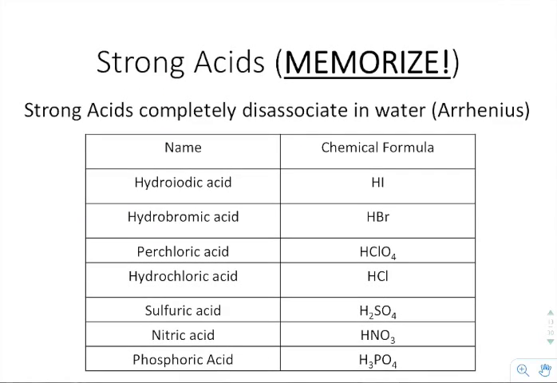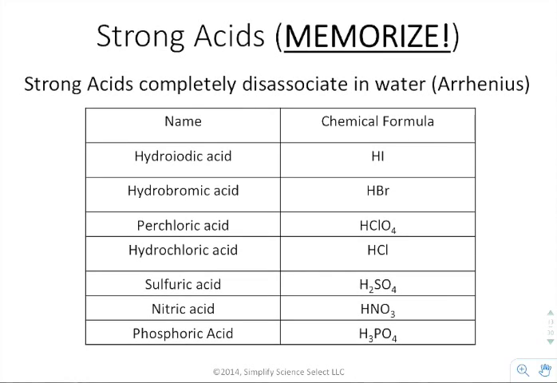Now the strong acids that we have is something that you have to memorize. These are the 7 that you're responsible for memorizing in this class. You have hydroiodic acid, or HI, HBr, HCl. So these 3 things are the halogens minus HF. HF is not considered to be a strong acid. So you have HI, HBr, HCl.